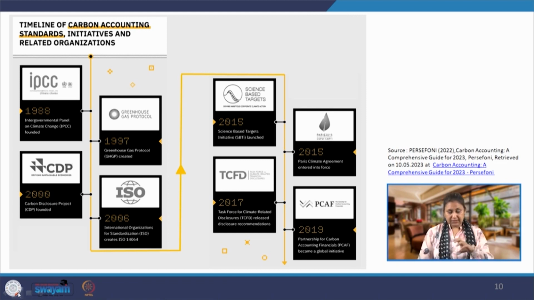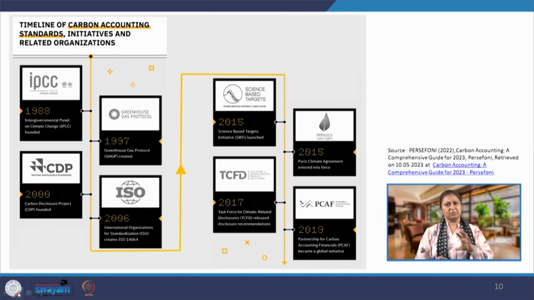Let us look at certain other similar activities and similar organizations which have been created based upon the GHG protocol. So, in 1988, of course, we know that IPCC was created. In 1998 was when the report was created by WRI.